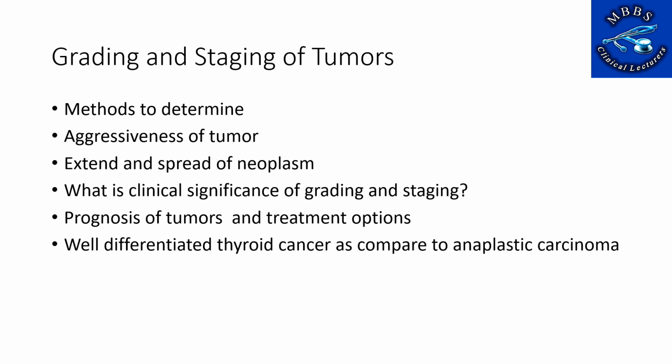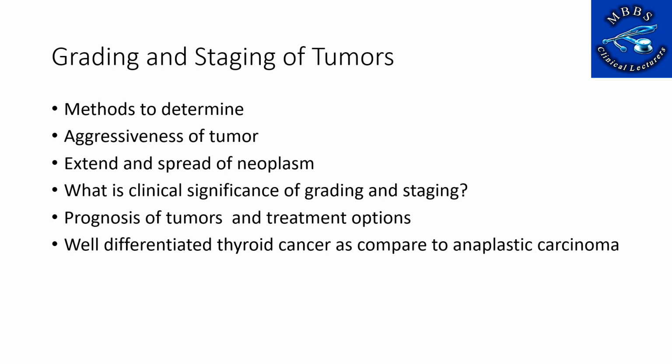And these steps are also very necessary for making an accurate diagnosis and to know about the prognosis of the patients. So now you come to know what the clinical significance of grading and staging of the tumor is.